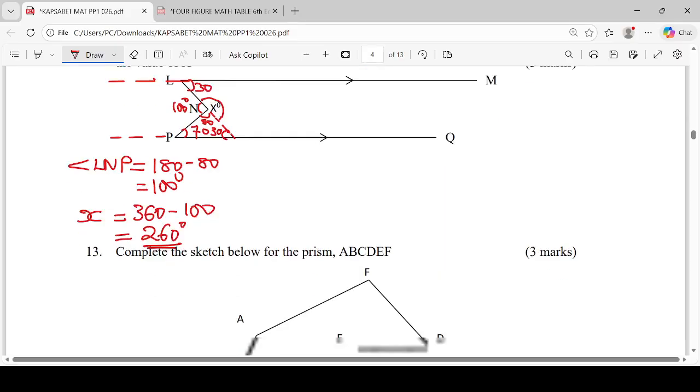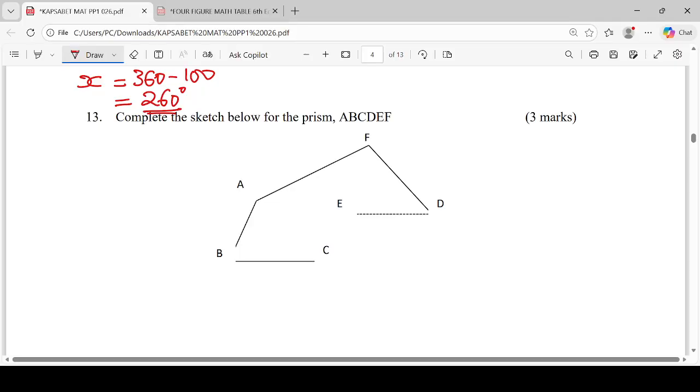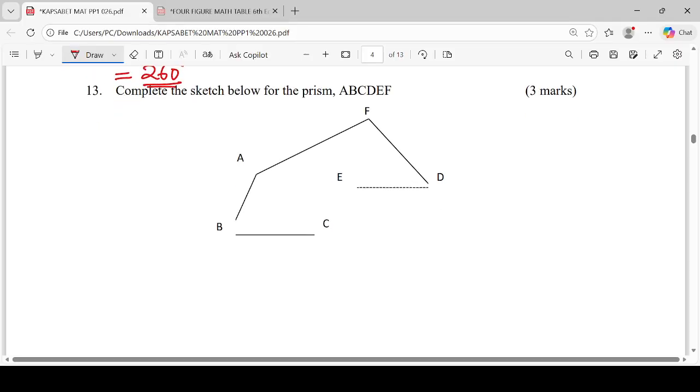We have several ways. Question number 13, complete the sketch below for the prism. Although this line was wrong, I think it's not that complete. I extrapolate BC to intersect here. So when you look at this, it is a triangular prism, and this is how it should be completed.